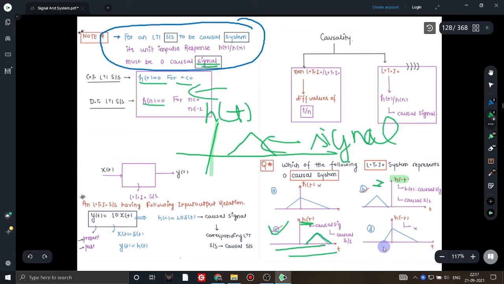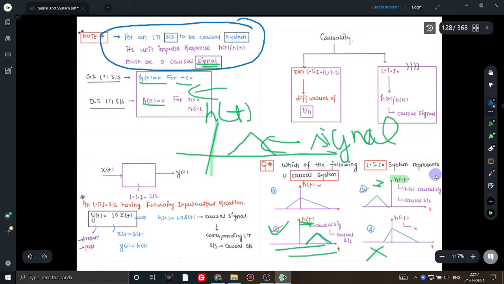This is not a causal system, so it is also not a causal system. It is not a causal signal, so it is also not a causal system. So what we have to see here is to always check for h(t). This was a tricky question.